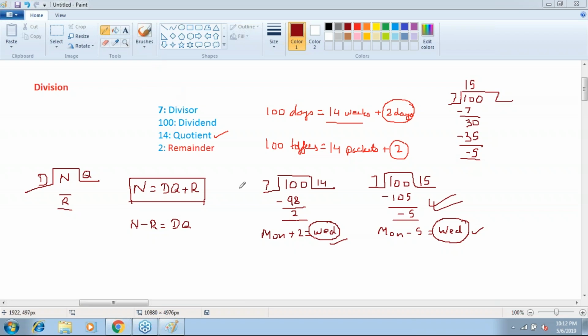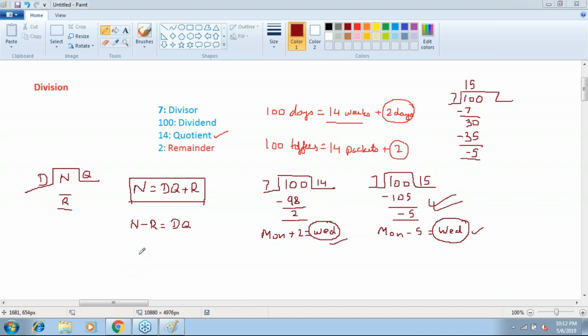Okay, so let me try to make that point. The first story is this. Second story, that when we subtract the remainder from the dividend, the number is divisible by the divisor.